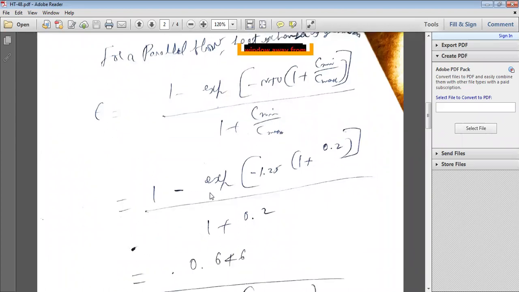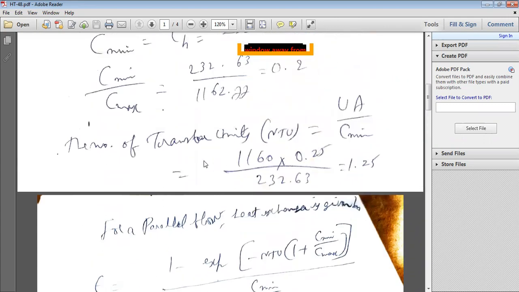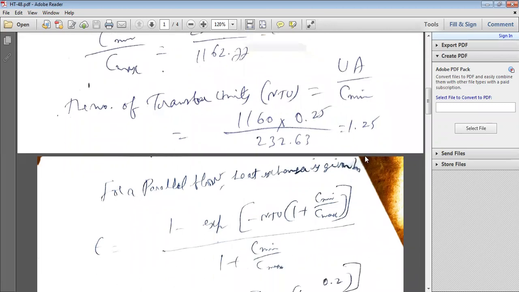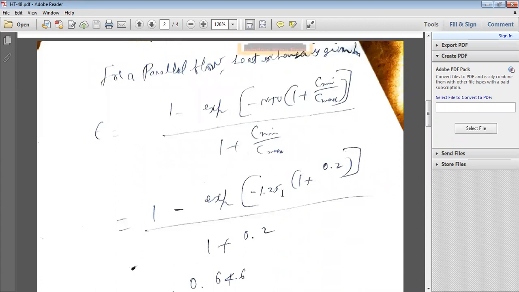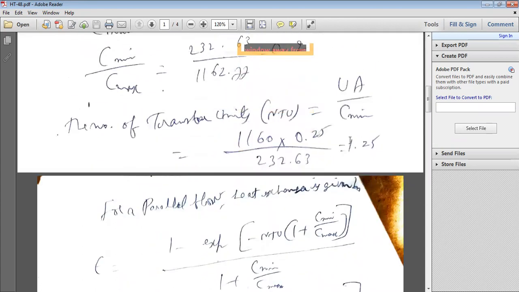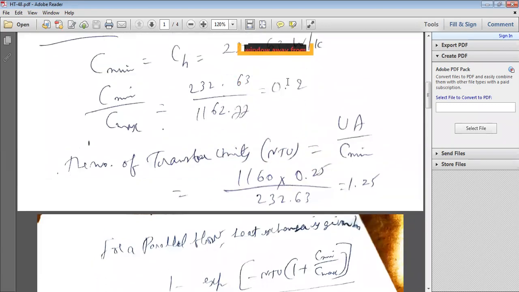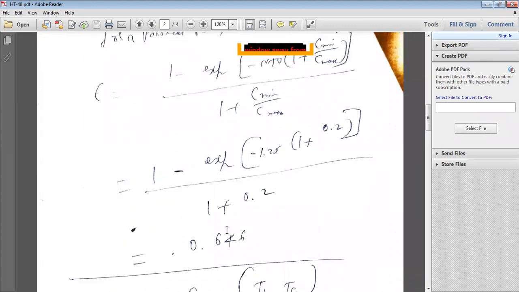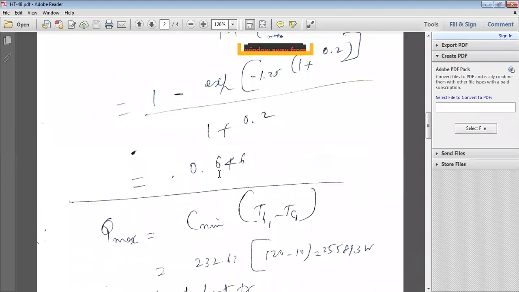That is equal to 1 minus exponential function of minus NTU, and the NTU value is 1.25. So substitute that value here, minus 1.25 into 1 plus C min by C max, which is 0.2, divided by 1 plus 0.2. And you are getting the epsilon, the effectiveness of the heat exchanger, 0.646.